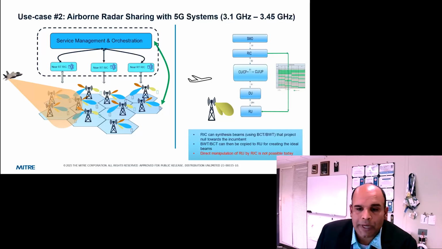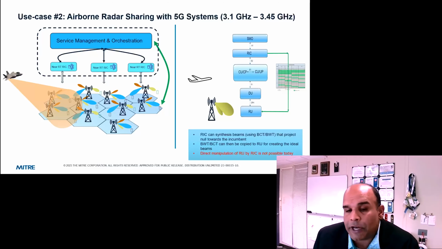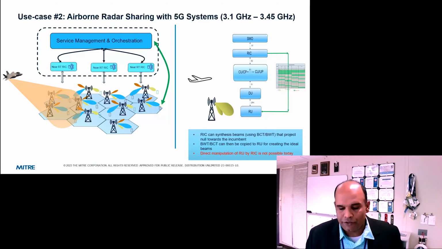I know that typically Ashutosh asks the question of what we should do next, what things we could focus on. And this, in my opinion, is one of the important things, adding these additional interfaces. We have interfaces like A1, E2, F1, and fronthaul and so on. But having an interface that directly helps the RIC manipulate the RU would be very, very useful.